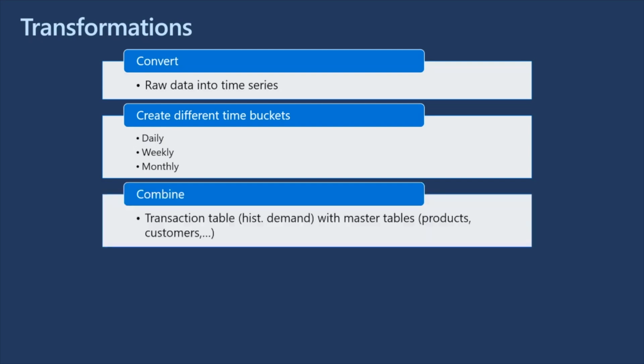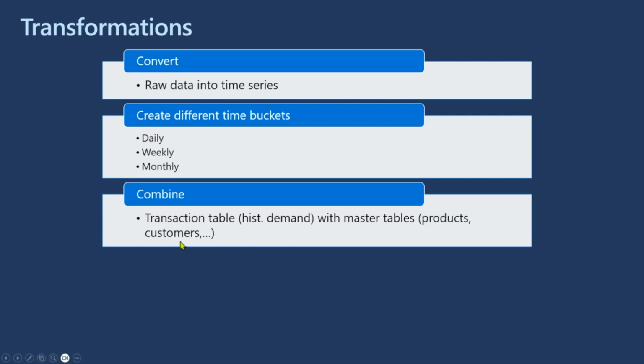But when we take the historical table, like the transactional table, like historical demand, then we typically have in this table only the dimensions on the lowest level, like product ID and customer ID. But if we are doing our analysis on the forecast, then we usually want to aggregate on levels like product group, product family, customer group, customer country, maybe legal entity, and so on.